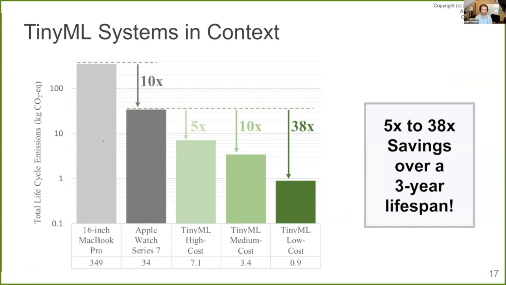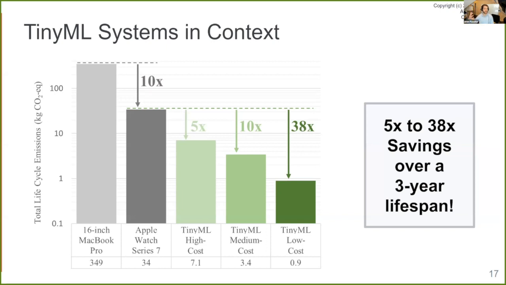And by the way, this is a log scale, so it's orders of magnitude every big line, and it will be 50 to 380 times better than a MacBook. And this is based on a 3-year lifespan for the device, because that's what Apple uses for their devices.